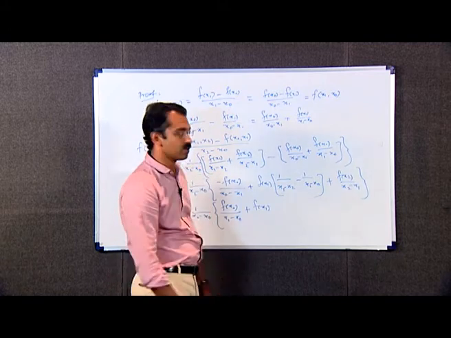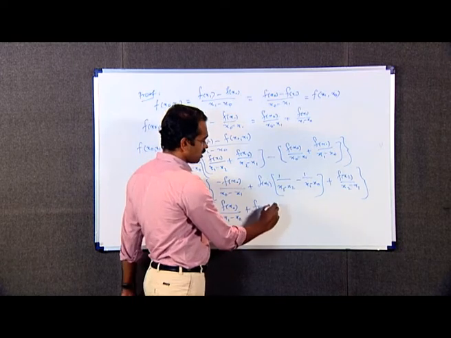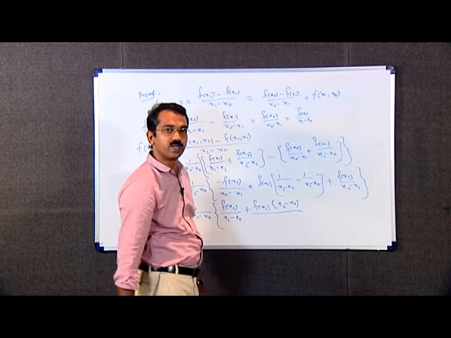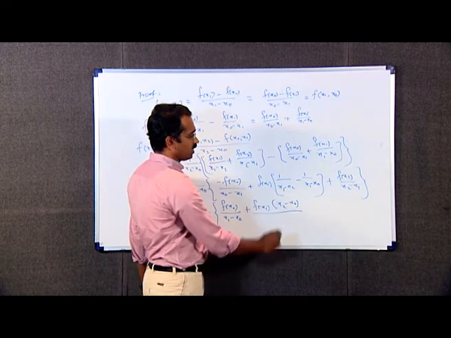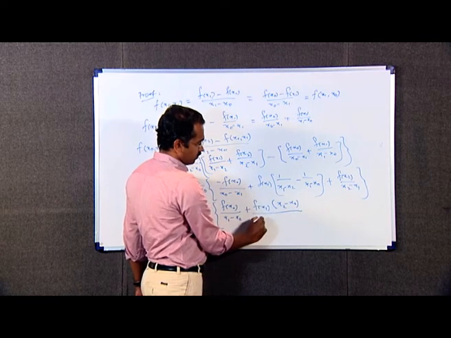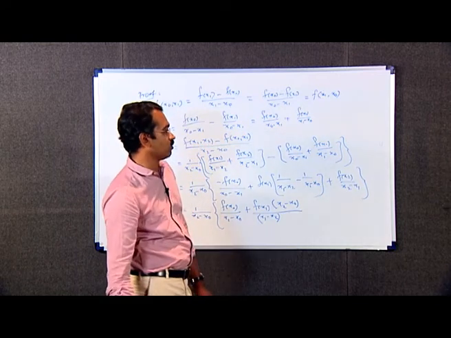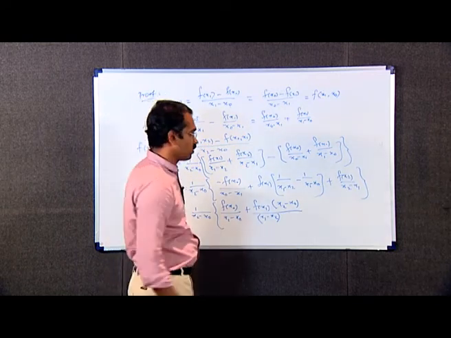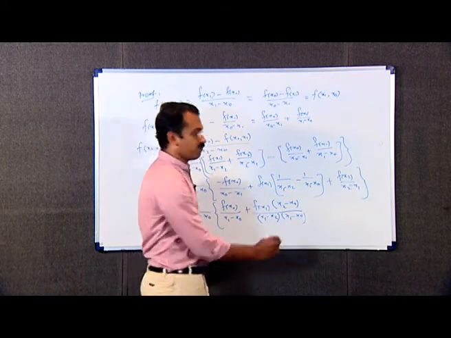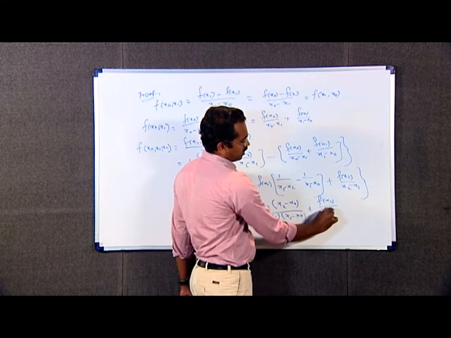The remaining terms are negative x0 plus x2, that is x2 minus x0, divided by x1 minus x2 into x1 minus x0 in the denominator, plus f of x2 divided by x2 minus x1.